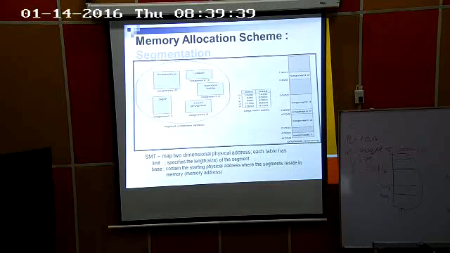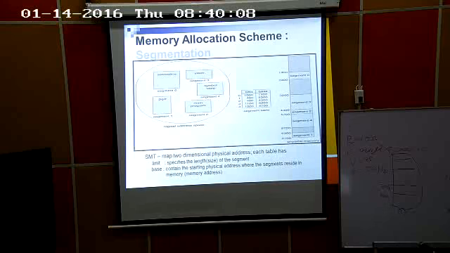Usually, in questions or your examination, it will ask you to draw this based on the table, or based on this diagram, it will ask you to draw or write up the table for the SMT, segmentation map table.